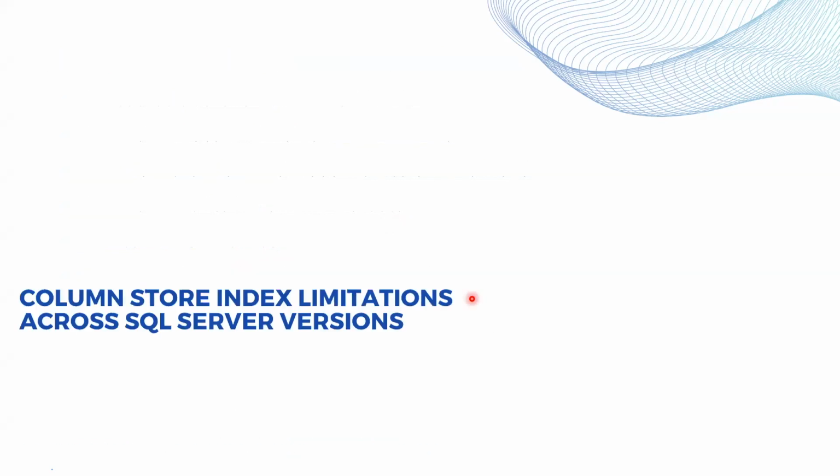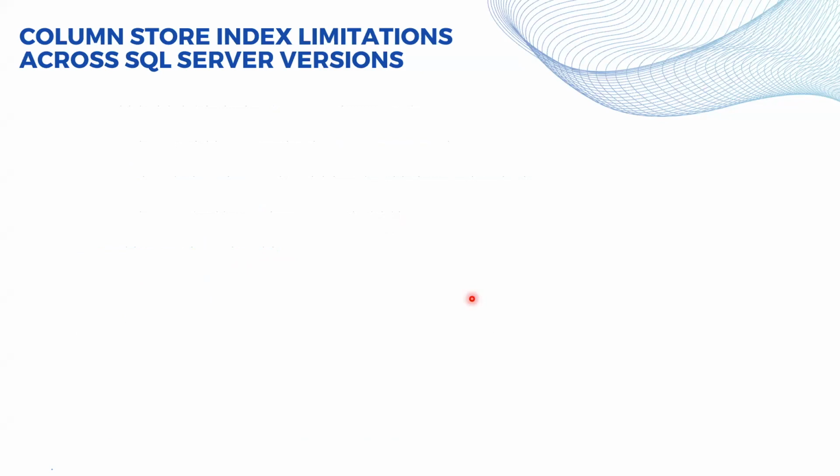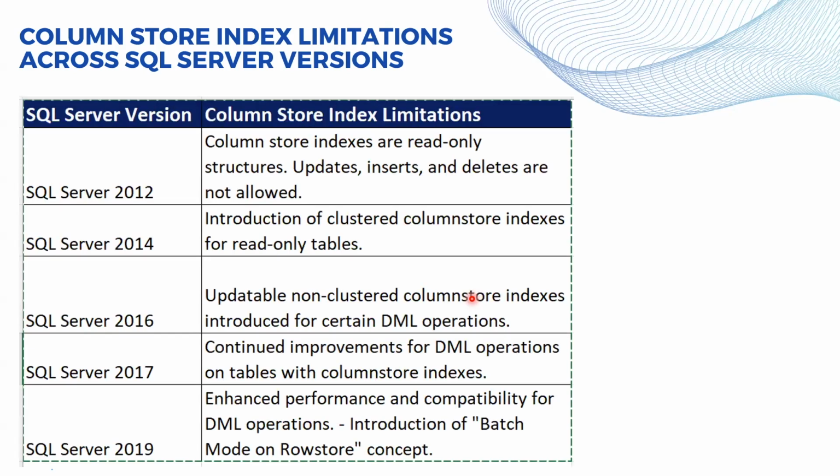Now, column store index limitations across SQL Server versions. It was introduced in SQL Server 2012, where column store indexes are read-only structures; updates, inserts, and deletes are not allowed.